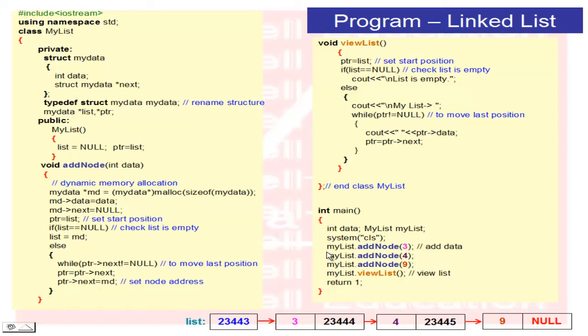Then I call my list dot add node 3, my list dot add node 4, my list dot add node 9, and my list dot list view. So the function is called the first three times, and finally list view. The output is like this: the initialized address, and all the nodes are added at the back. Okay, so this is the linked list program.